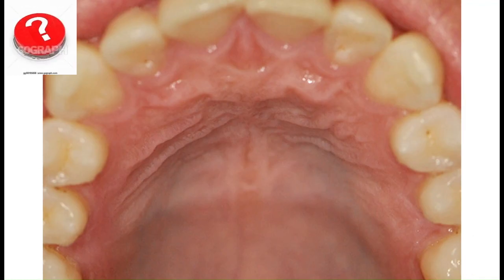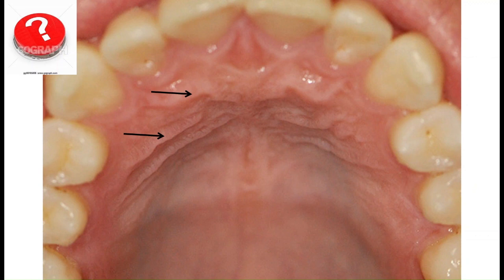This is a close image of a living person, and you can see the hard palate inside the arch of teeth, and the mucous membrane here has special features, and these features are transverse folds called corrugations of the mucous membrane of the hard palate.